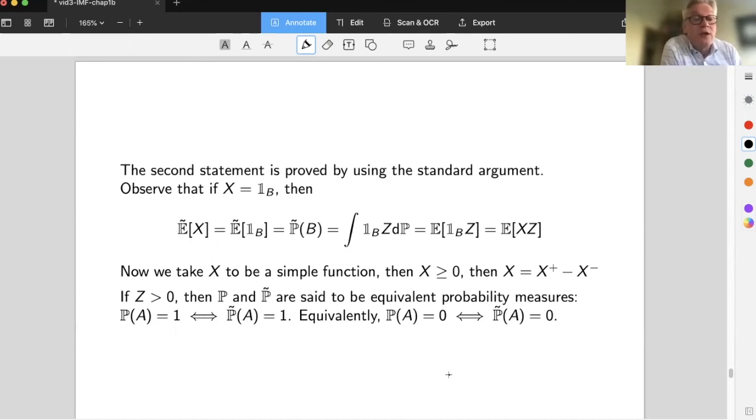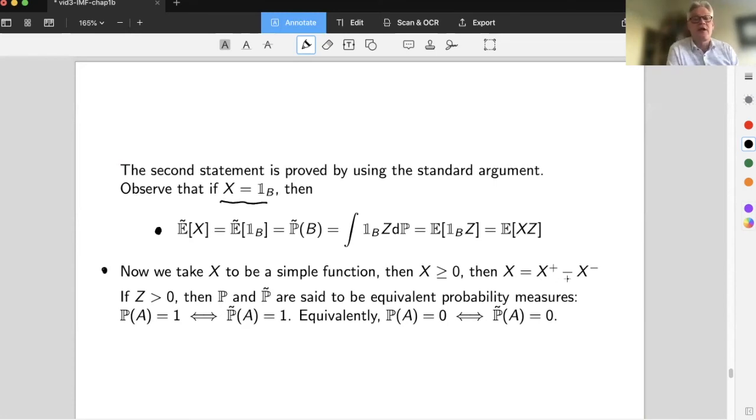One starts with the indicator function, and observes that when X is the indicator function for B, one can write the expected value under the P tilde measure as follows, and we see that for this basic function this holds: it's the expected value under P of X times Z. Subsequently, we take X to be a simple function, then a non-negative function, followed by putting X equal to X plus minus X minus, and doing the same.